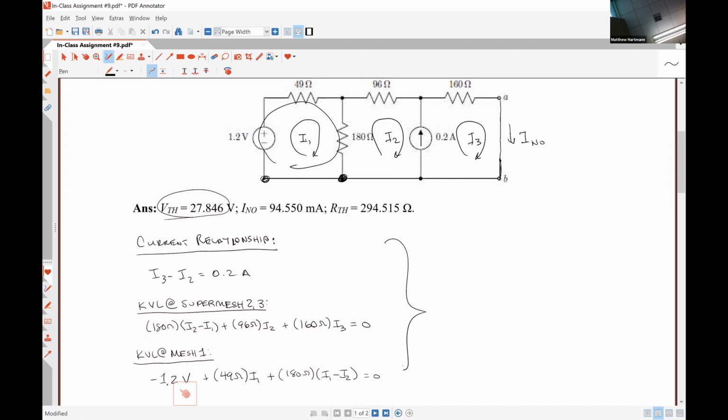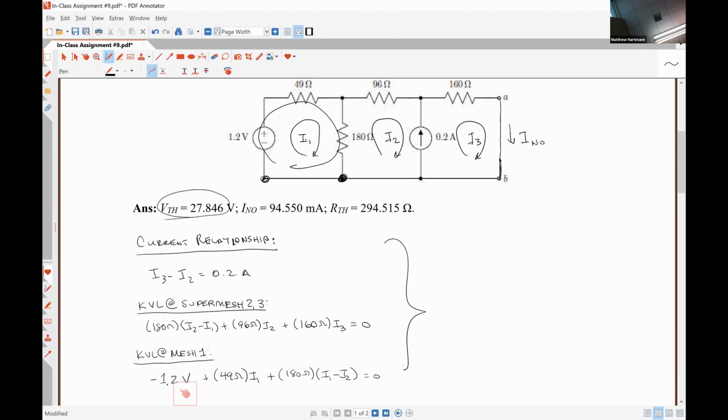In equation 2, I have -180 for I1. Oh, excuse me, I made a mistake there. 180 plus 96 for I2. And then for I3, I have 160.